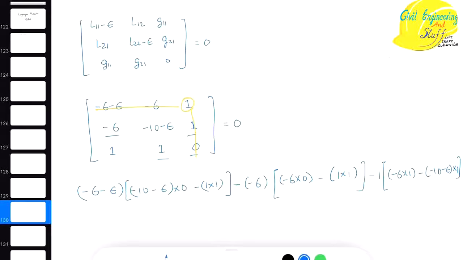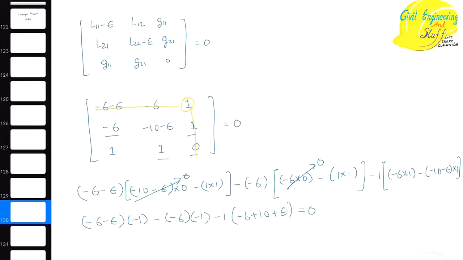So this will become 0. So we'll have minus 6 minus the polynomial function into minus 1, minus 6, this is 0, into minus 1, into minus 6 plus 10 plus the function, equal to 0. On solving it, we'll have this value to be minus 2.